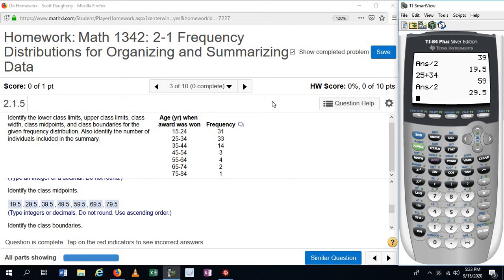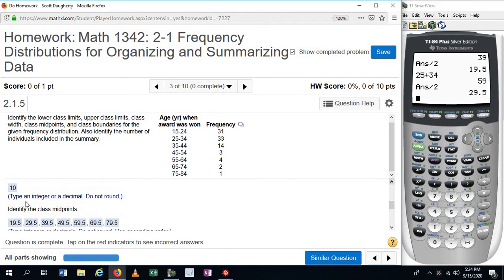But here's where the class width comes in handy. Now that we know the class width is equal to 10, once you identify one class midpoint, then all you need to do is add or subtract 10 from that number to get the other class midpoints.